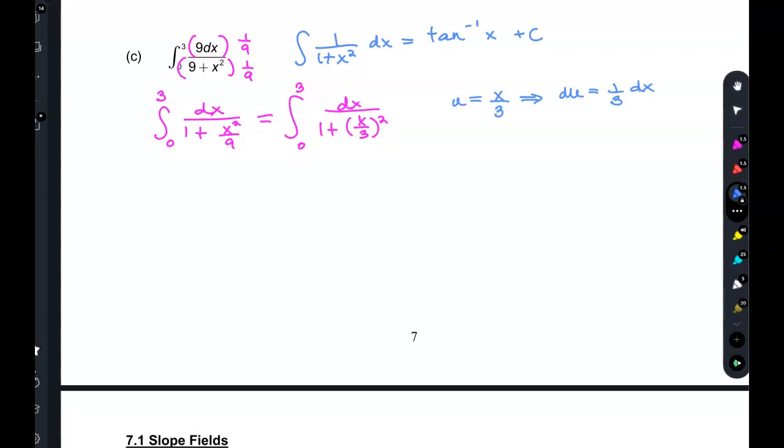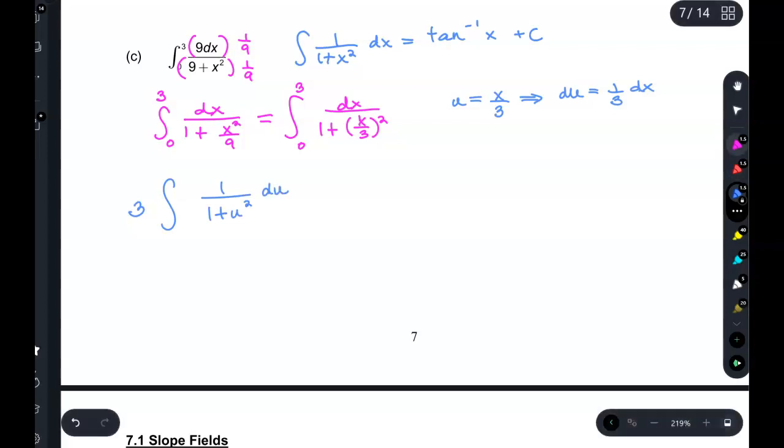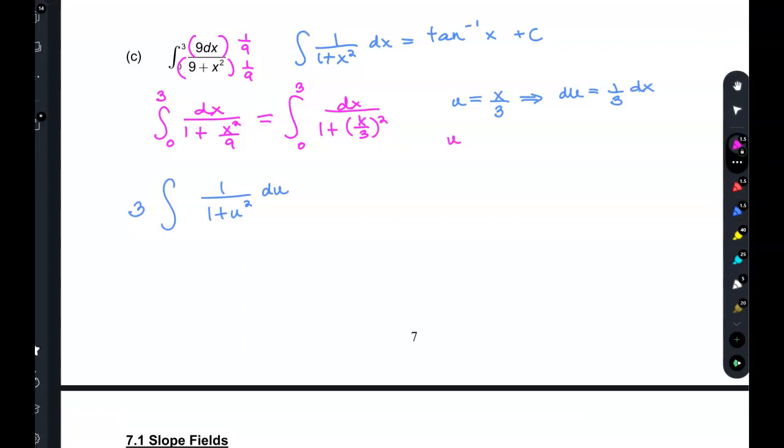I'm going to compensate by putting a 3 in front, and now I have the integral of 1 over 1 plus u squared du. Or if you want to put the du in the top, it doesn't matter. Okay, let's change those limits of integration. Originally I had 0 on the bottom, but if I divide by 3, I still have 0. And what about u of 3? Well, that's going to be 3 divided by 3, which gives us 1.